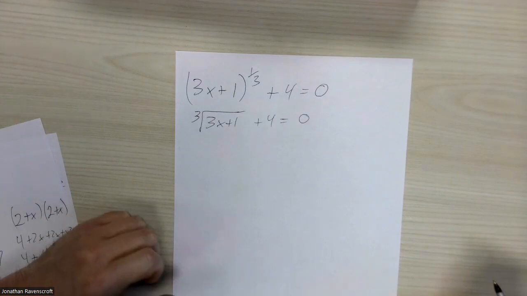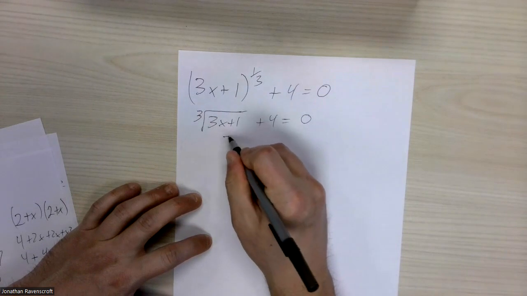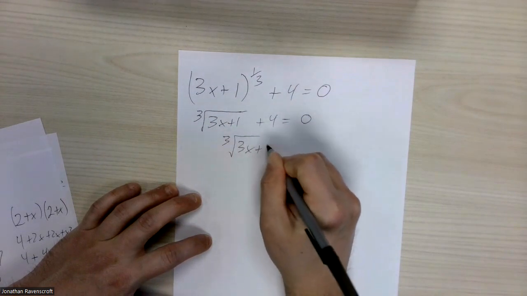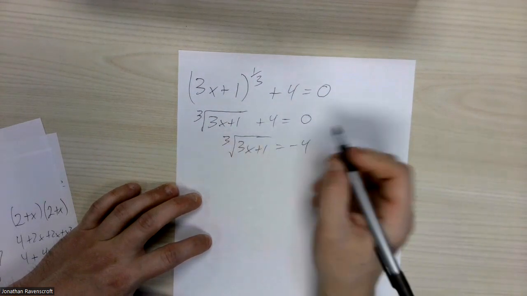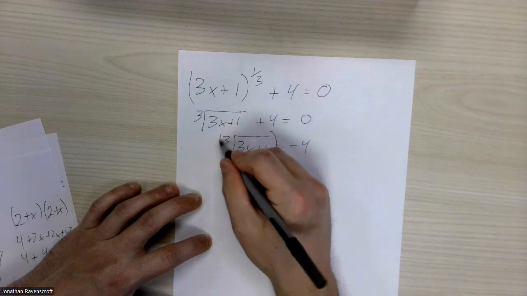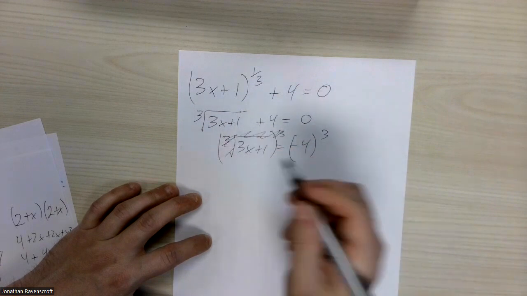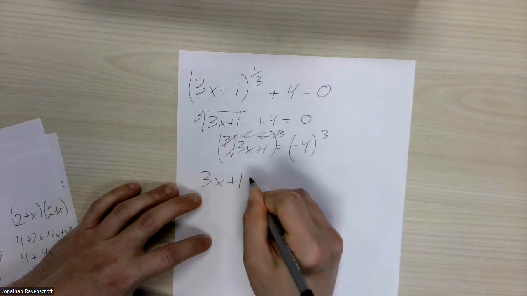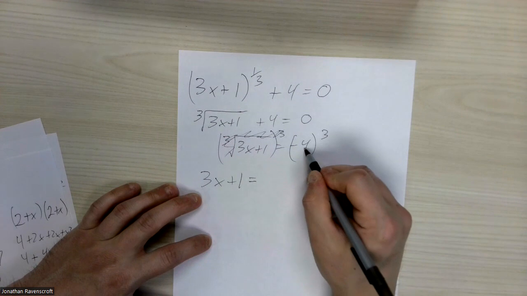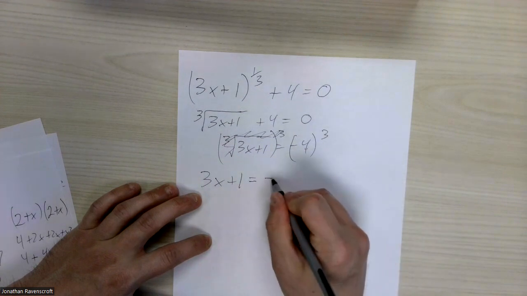Similar to the previous questions, we're going to isolate the radical term. Instead of squaring both sides, I'm going to cube both sides. 3x plus 1 equals 4 times 4 times 4 is negative 64.